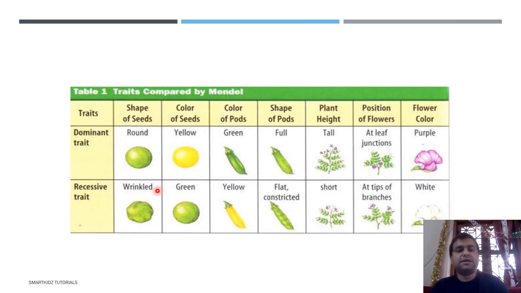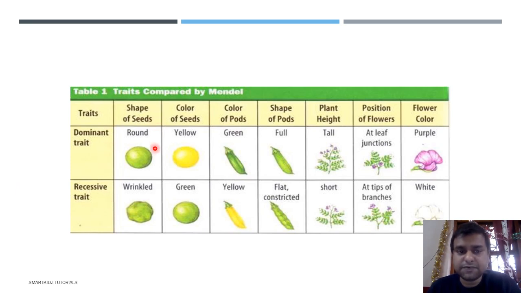So Mendel, in carrying out his monohybrid or dihybrid crosses, that is his experiments, carried out experiments with 7 different types of characteristics, features, or traits, as you may call them, of the garden pea plant. These include the shape of seeds, the color of pods, shape of pods, plant height, position of flowers, and also the flower color. And he noted down the dominant traits and the recessive traits.